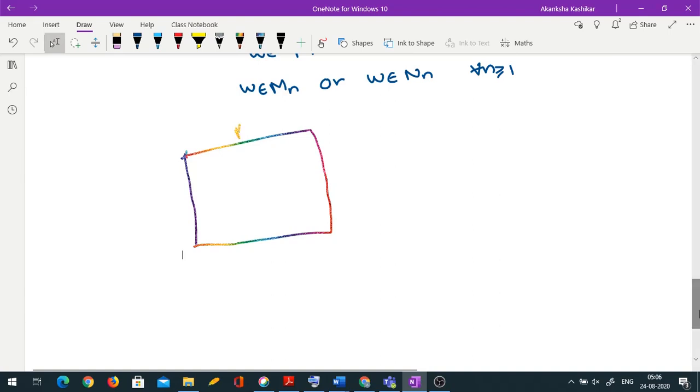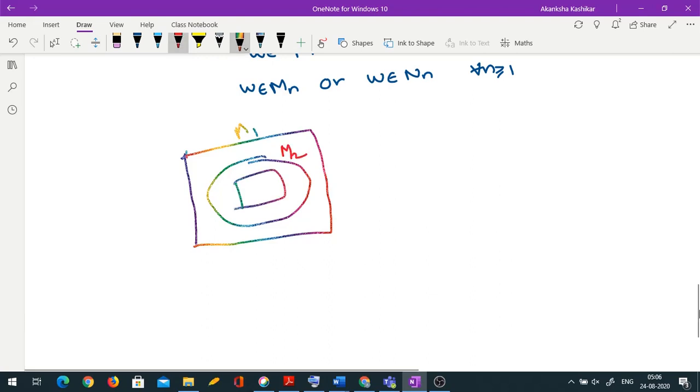Suppose this is my M1, then this is my M2, this is probably my M3 and so on, because they are decreasing. So what does it mean? It means that if omega is in M3, so let us say omega is here, then it must be in M1 and M2 also. It can't happen that omega is in M3 but not in M1, M2.